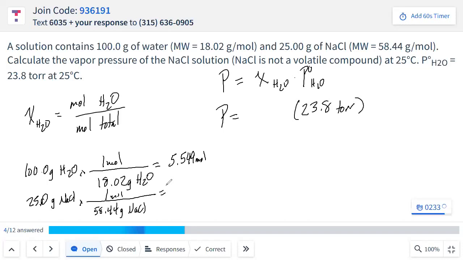So 25 divided by 58.44 would be, to four significant figures, 0.4278 moles. Add those two together, and I get, to 3 decimal places, 5.977 moles total.